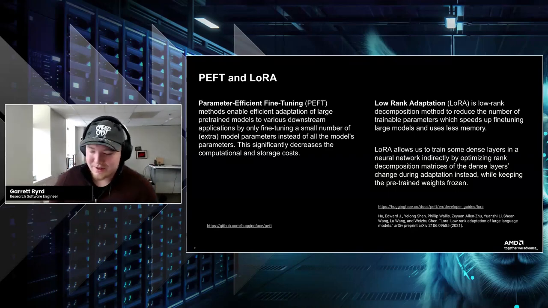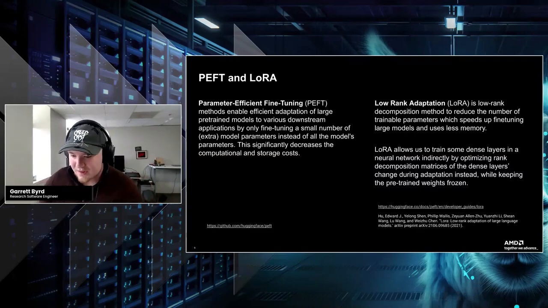Essentially what LoRA does is, if we go back to an example of a classical neural network, you have several different layers. You freeze all of the pre-trained layers, and then you add what's called an adapter layer at the end. So all of your pre-trained weights are frozen, and this adapter layer is the only layer that is trained in the neural network.